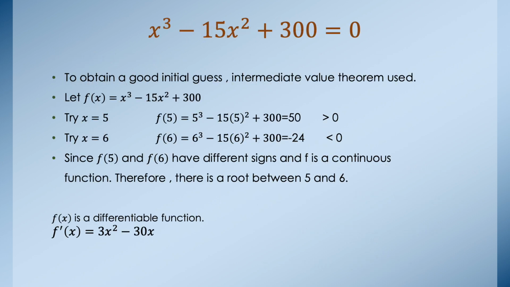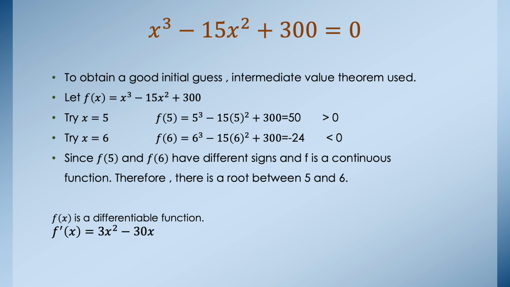We try to solve a problem with a non-linear function, x to the power 3 minus 15x squared plus 300 equal to 0. First step, we try to obtain a good initial guess.